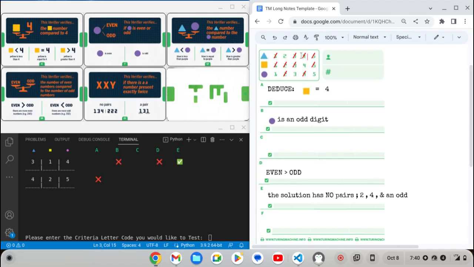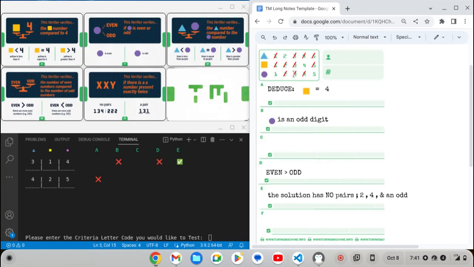And again, my feeling is that if we're comparing triangle and circle, triangle cannot be smaller than circle, because then how would we choose between the 3 and the 5? Those would be ambiguous solutions. So I'm deducing that triangle should be greater than circle, thus leaving us with circle being 1.